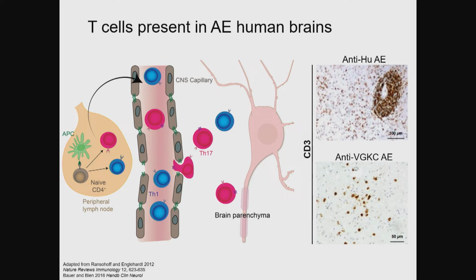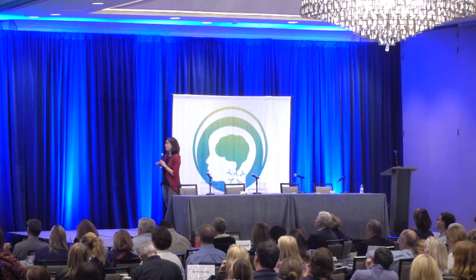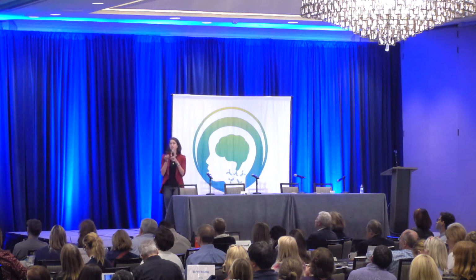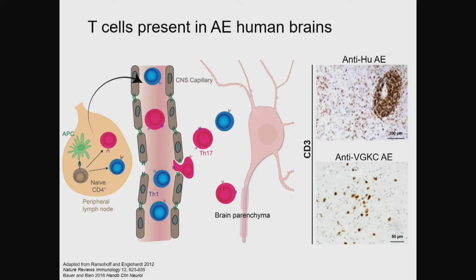This is CD3, which is a marker for all T cells, collecting perivascularly, so surrounding this blood vessel in the middle. They're collected in this space between the actual blood vessel and the membrane that limits the brain, as well as in the brain tissue itself. And then in this other case, they're in the brain parenchyma, infiltrating in with neurons and glia.